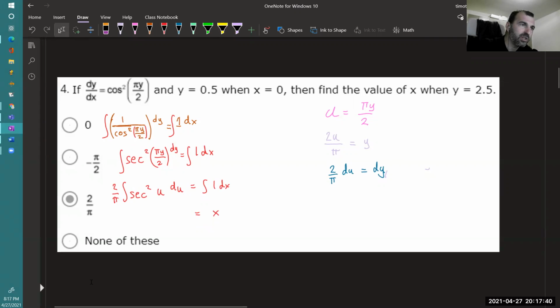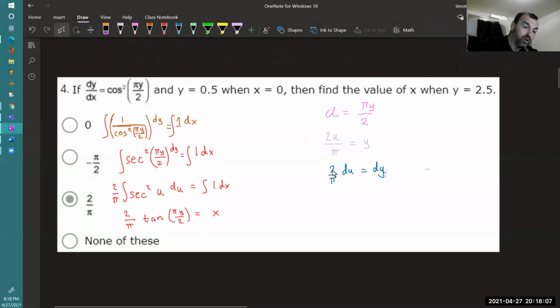Now, question is, what's the integral of this? So it's 2 over pi. The integral of secant squared u is tangent u. So tangent of u. But remember, u is pi y over 2. Pi y over 2.